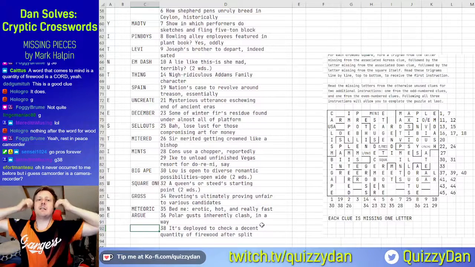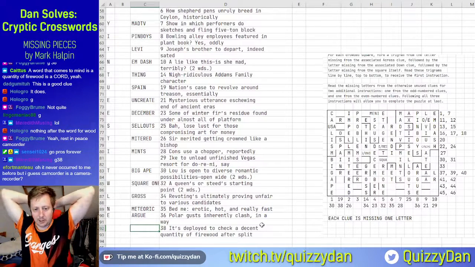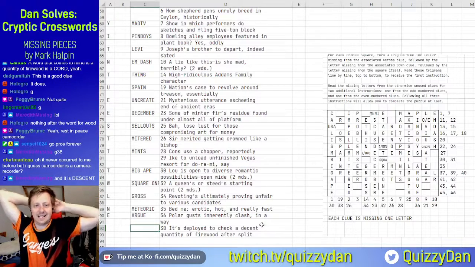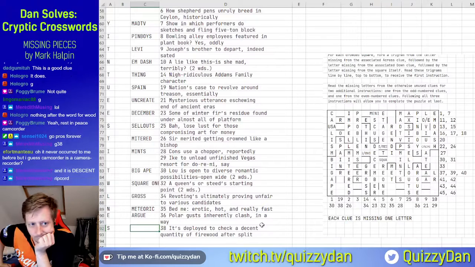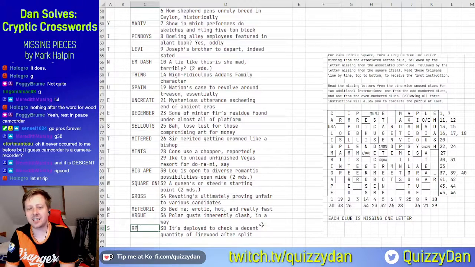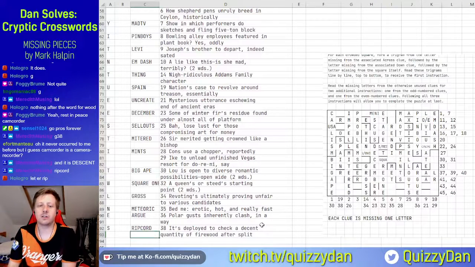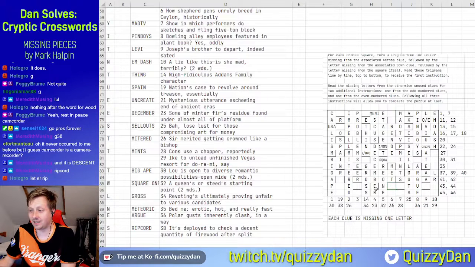Meredith, right? Giving this to Meredith. Meredith, please put me out of my misery. What is it? And it is descent. It's deployed to check a descent. So quantity of firewood is a cord after if something splits, it rips. Nice. So yeah, don't really know. I can't put anything in there, but there we go.